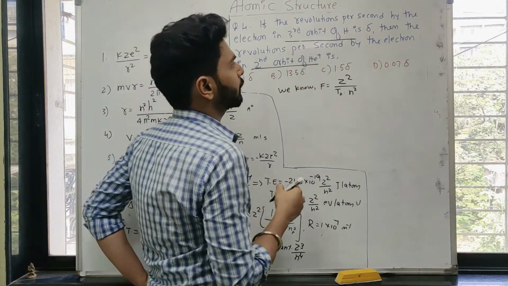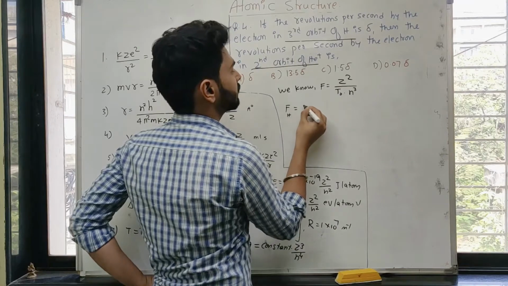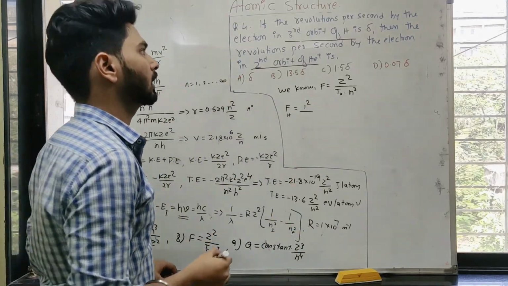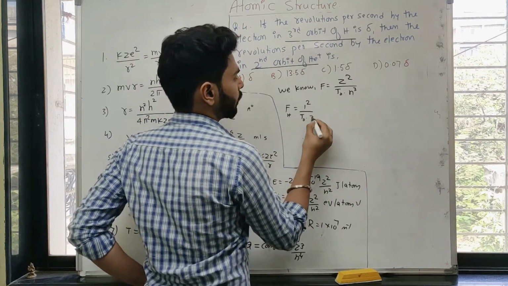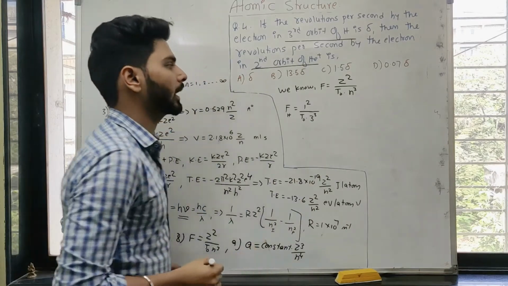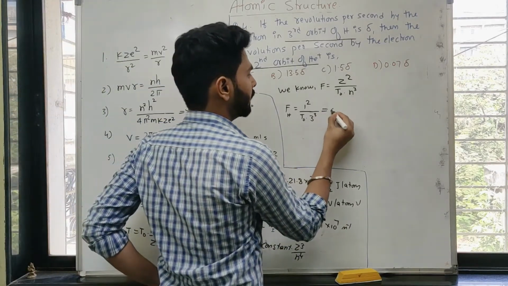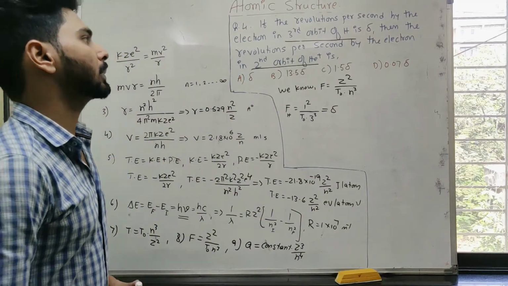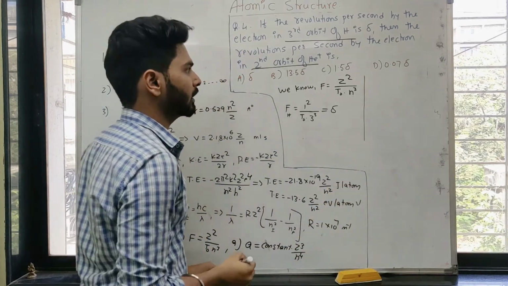Third orbit of hydrogen. So for hydrogen, Z square is 1 square, because hydrogen has atomic number 1. Third orbit, so 3 power 3, n cube, and this is equal to delta. This is given in the problem. Then the revolution per second by the electron of the second orbit of helium plus.